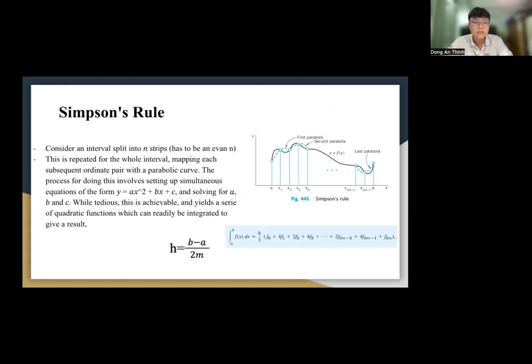Next is Simpson's rule, which is considered the most accurate of those three. We also consider the interval split into n stripes, but this is a special one, so n has to be an even number.